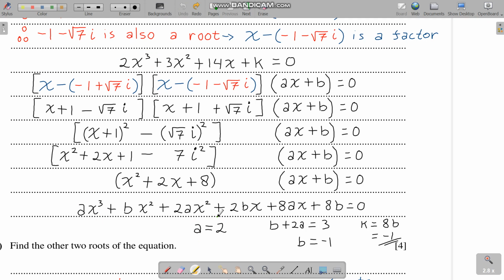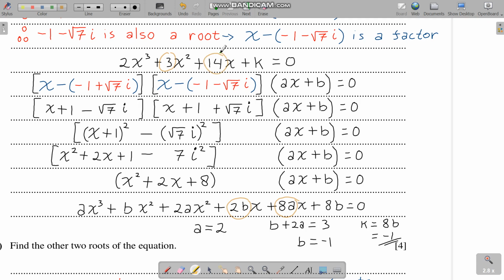Now for the x squared term, we have 3 here, but this is b plus 2a. Remember, b plus 2a equals 3, but the a is 2, so we can find the b. a is 2, so this is 4, and 3 minus 4 is minus 1. And from the x term, we have 2b plus 8a, and on top we have 14.